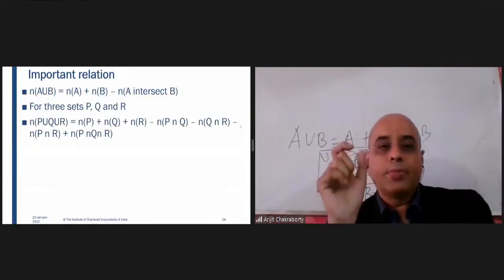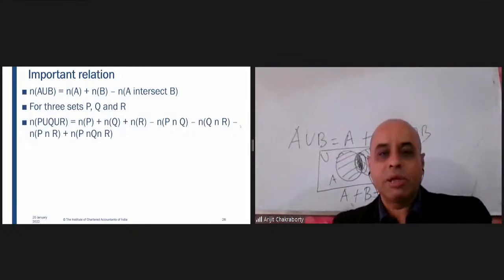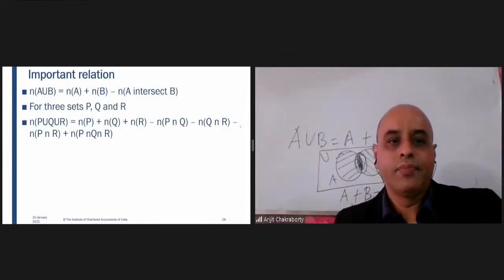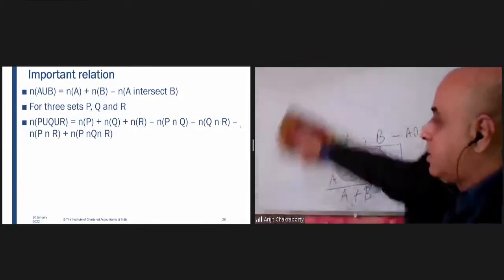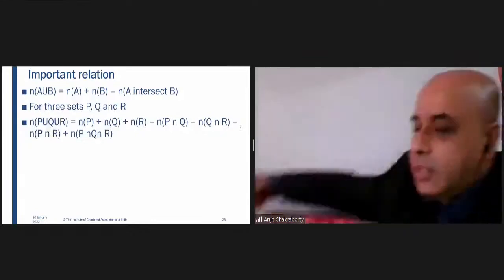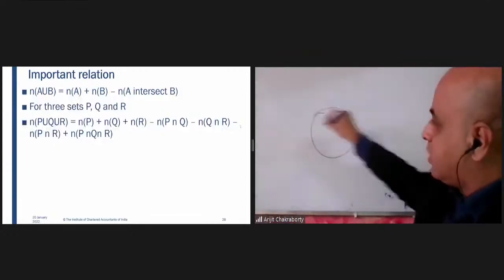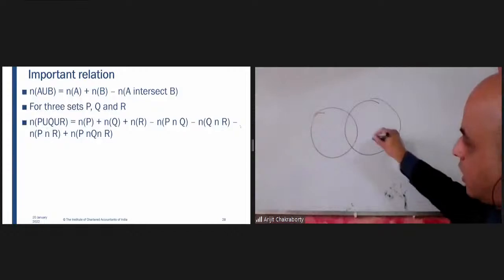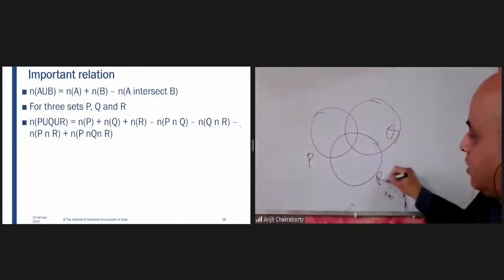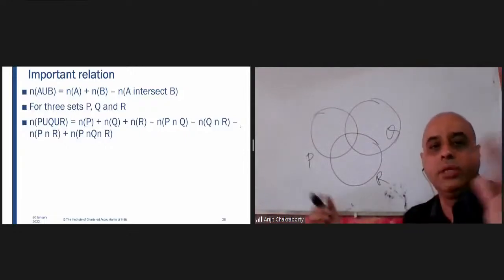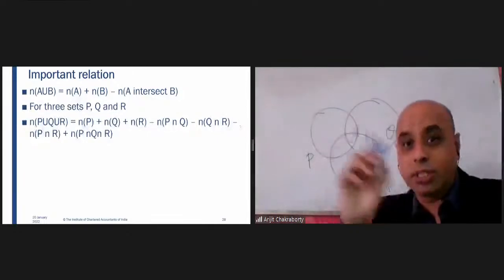Now the last version of the formula: when there are 3 sets, what happens? So this was 2 sets. Now if I have 3 sets, P, Q, and R. When you have to find out the union, please follow as I do the shading.